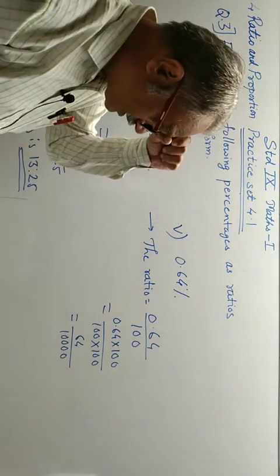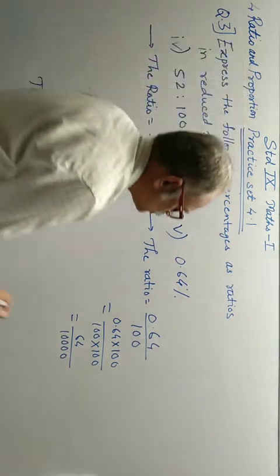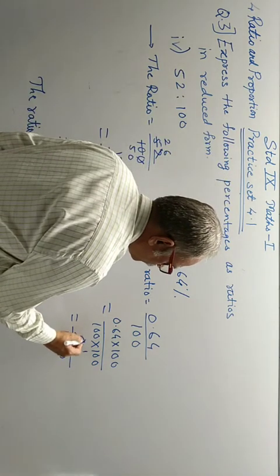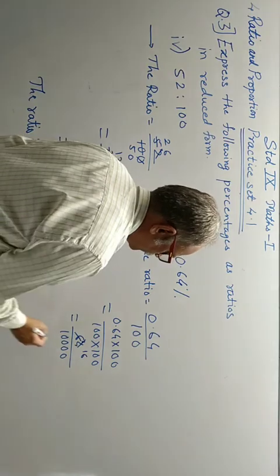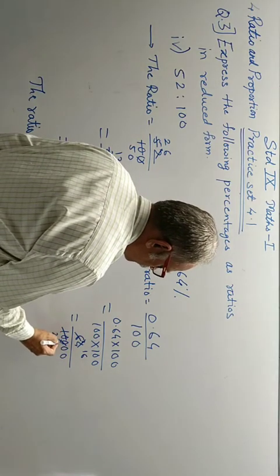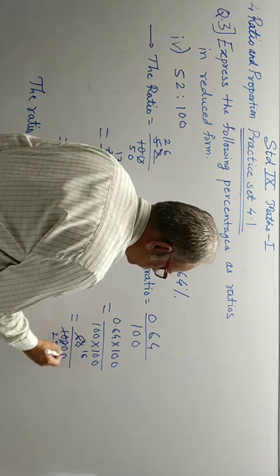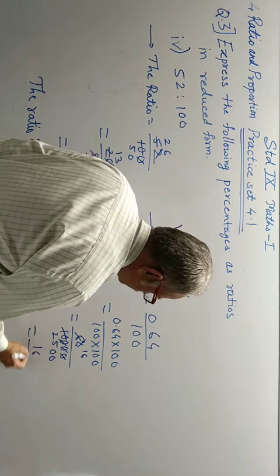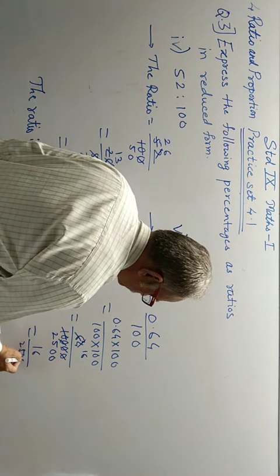Now cancel first by 4. 4 1s are 4, 2 remain, 4 6s are 24. 4 2s are 8, 2 remain, 4 5s are 20, 0 0. So what we get? 16 upon 2500.